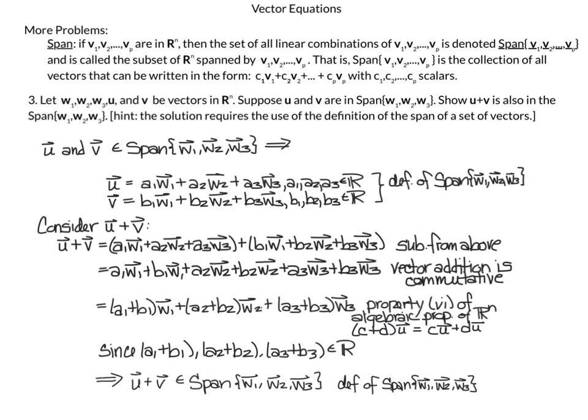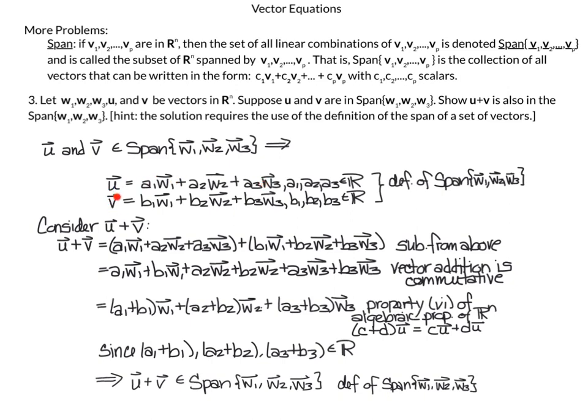So here's my solution. U and V are in the span of W1, W2, W3. What that means is that U and V can be written as a linear combination of W1, W2, and W3. So that's what I've done here. I've written U as a linear combination of W1, W2, W3, choosing A1, A2, A3 as my constants, my real numbers, my scalars, the weights, or coefficients.